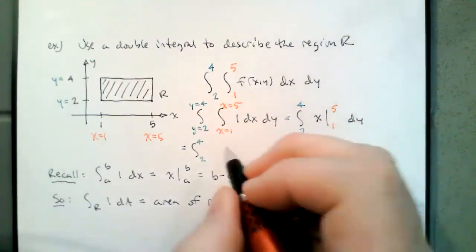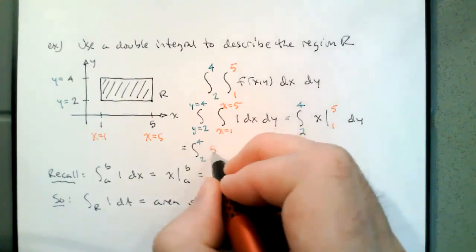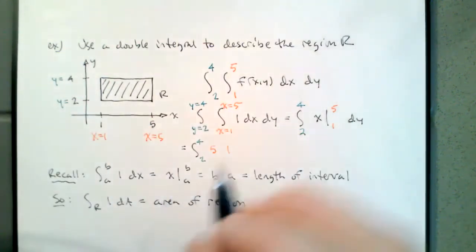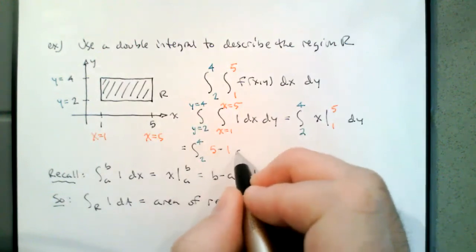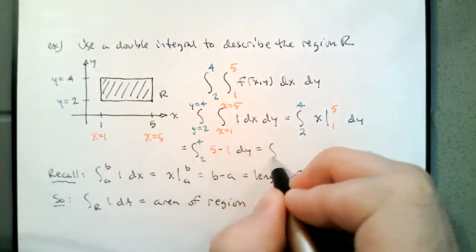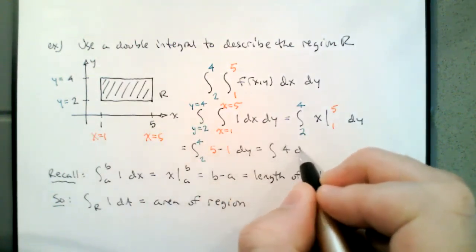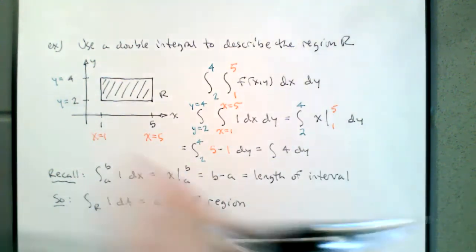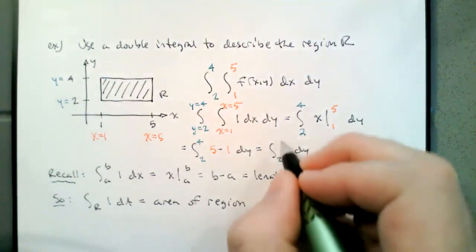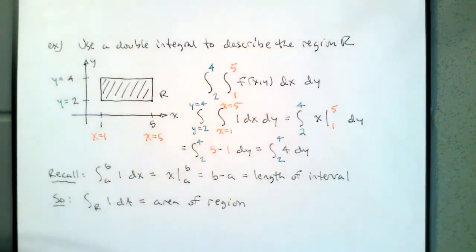Plug in 5, plug in 1, and subtract. And we can see that this is going to give us the area of the region, just like we planned, because now we'll integrate with respect to y.